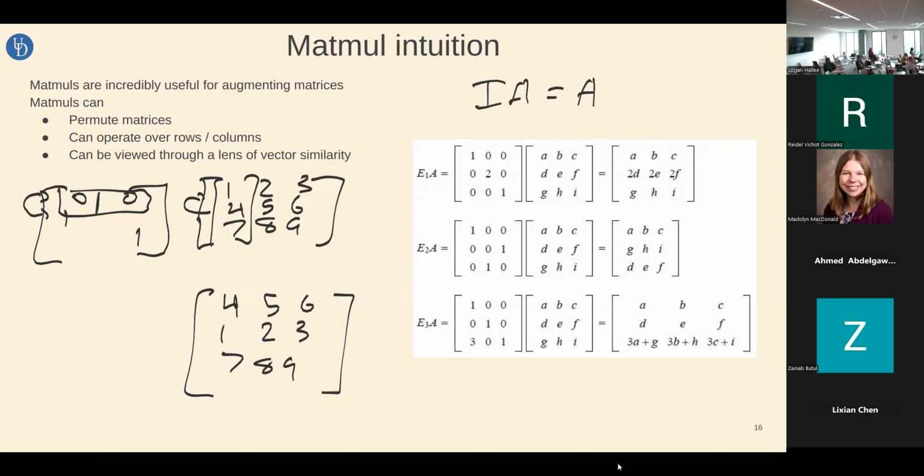And this is important because this basically allows you to index matrices and reshape matrices through matmuls. So if you design a matrix of 0s and 1s the right way, you can end up pulling out 1 column or 1 row of a matrix or even 1 index.